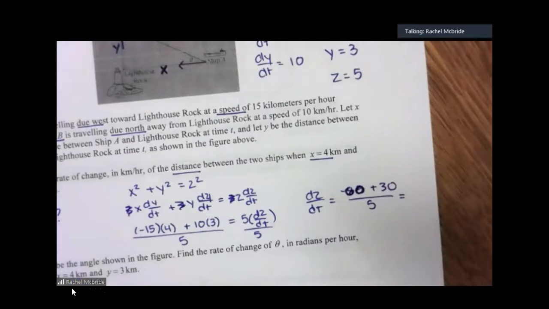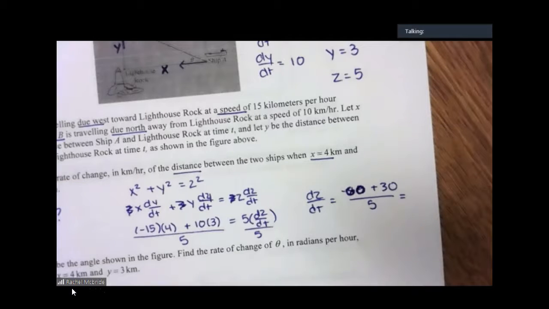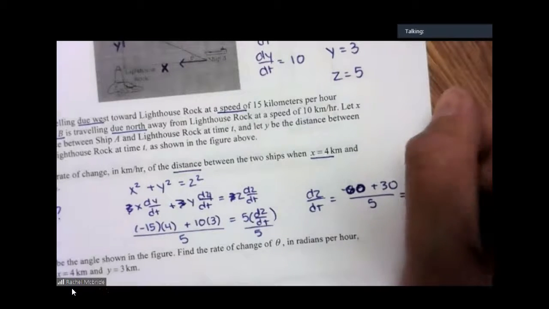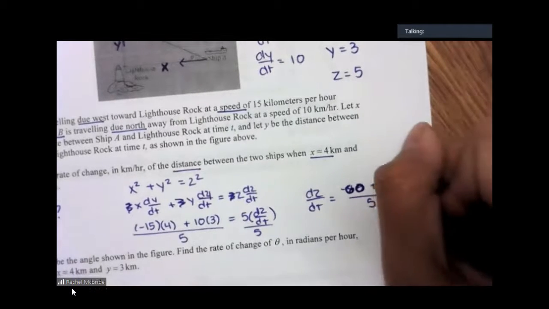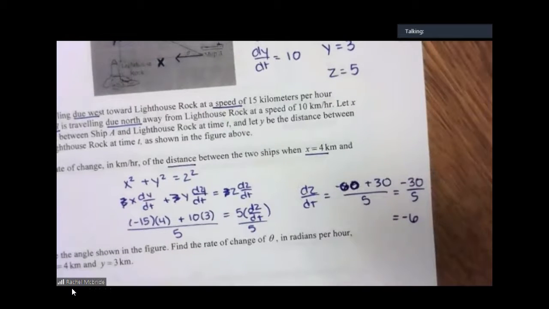Four times 15 is 60. I was staring at it going, that doesn't look right, so I hesitated to give my answer. Units would be kilometers per hour.